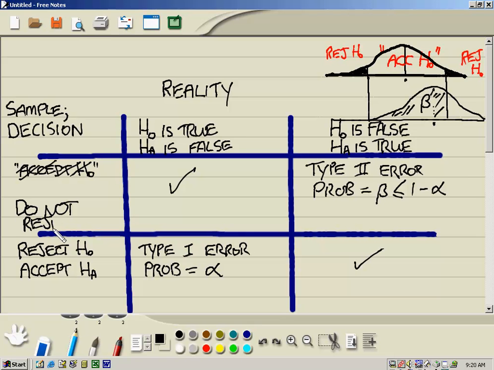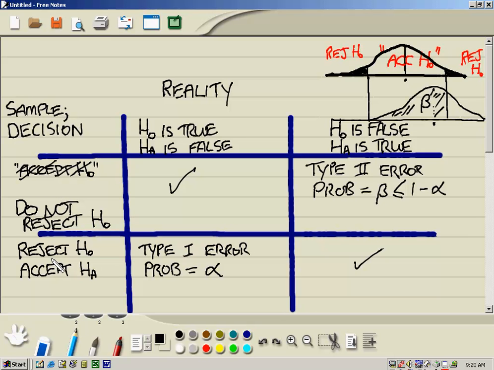That seems like, and it is, a very weak decision, but it avoids the problem of saying something too strong about the null. If we say something too strong about the null, we have the probability of making investment decisions or other decisions which could be an error. So from now on we'll say do not reject the null.